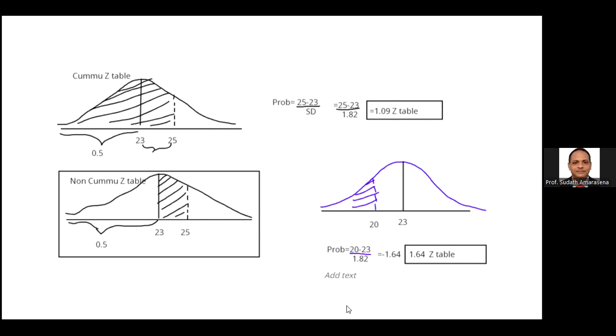If you subtract that amount from 0.5, you get the same probability value. Here I used the cumulative and non-cumulative tables to get these figures. The first one is cumulative, the second one is non-cumulative. Right? Now we are complete.